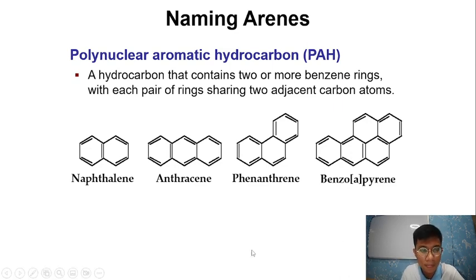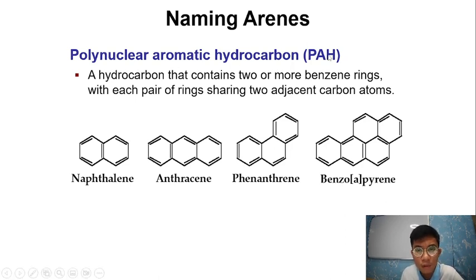For example, ito, we have two rings niyan, pero hindi nyo makikita yung structure, overload na yung isang carbon. Di ba dapat four bonds or four lines lang siya?